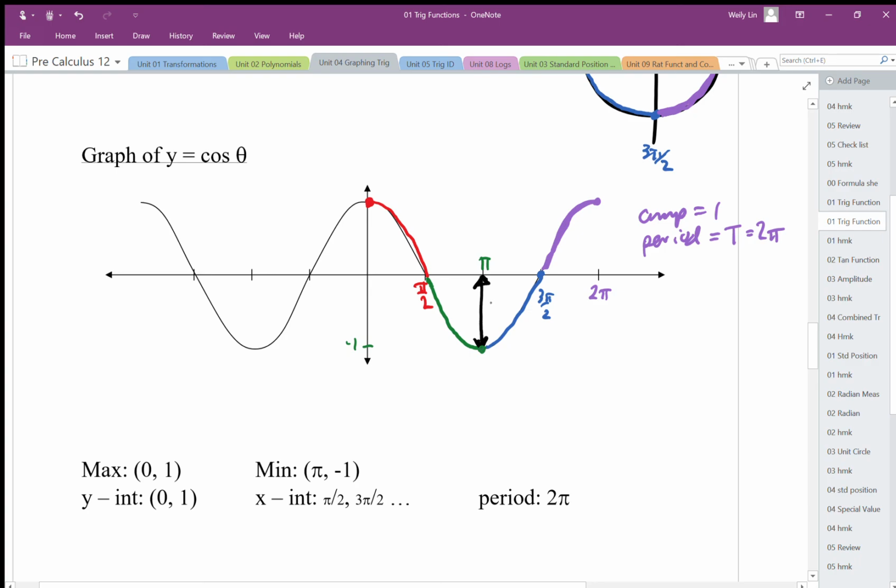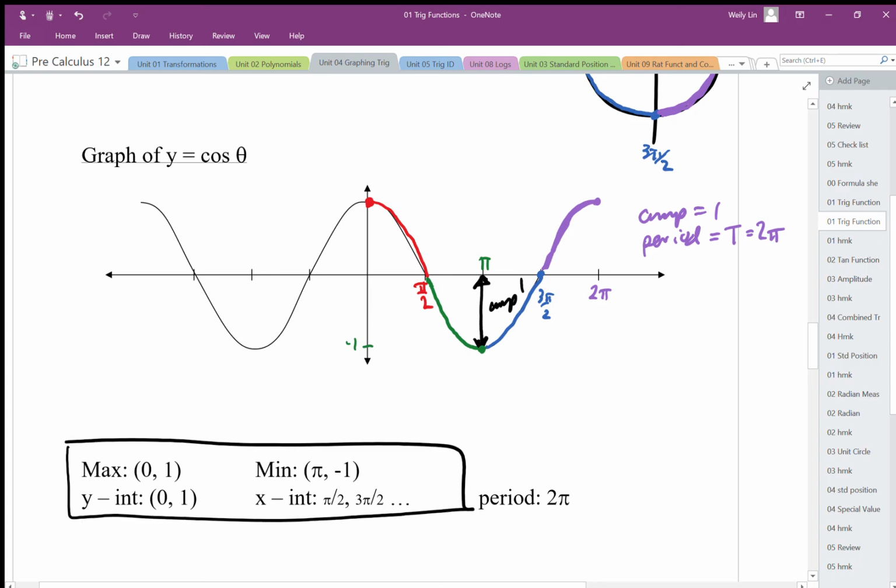Okay, so there's my amplitude of 1. These coordinates represent my reference coordinates again. Okay, the top, middle, bottom, middle, top. So these are my reference coordinates. These are the ones we want to keep track of when we do any kind of transformation.